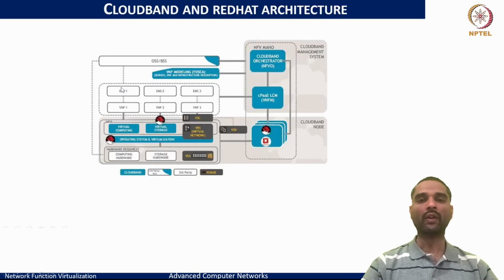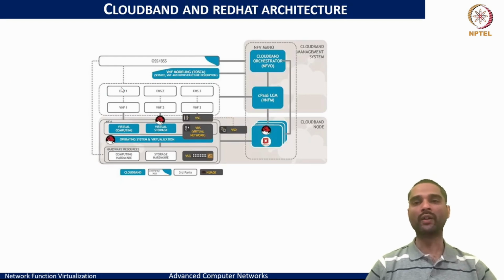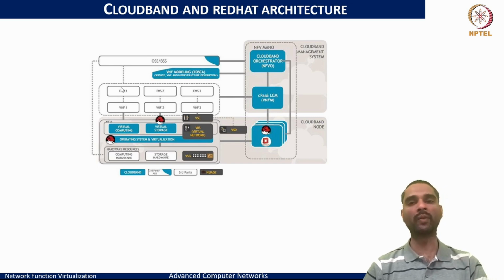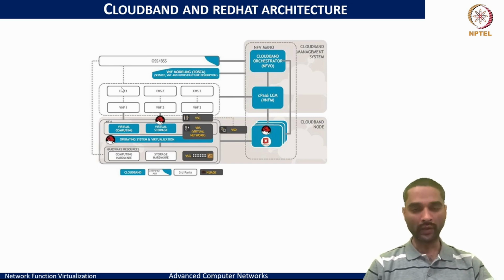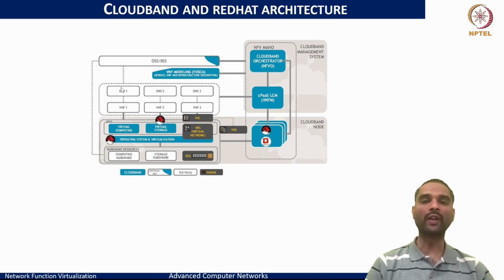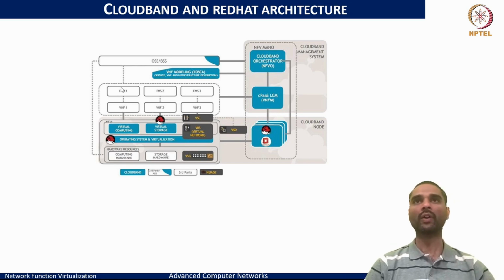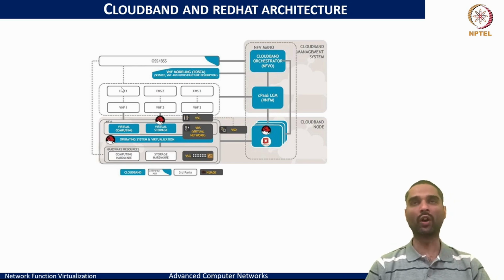Further, there is also the CloudBand and Red Hat architecture. This is an infrastructure based on how Red Hat Enterprise Linux OpenStack integration could be done with CloudBand, which was an Alcatel-Lucent based NFV platform. And this in a way offers a new way to design, deploy, and manage network services.